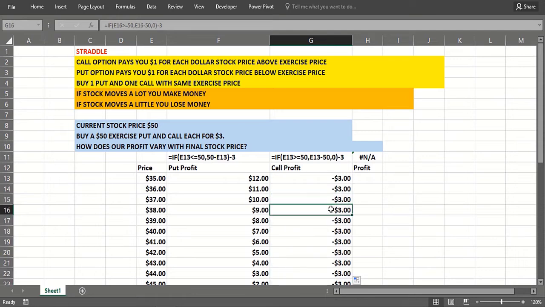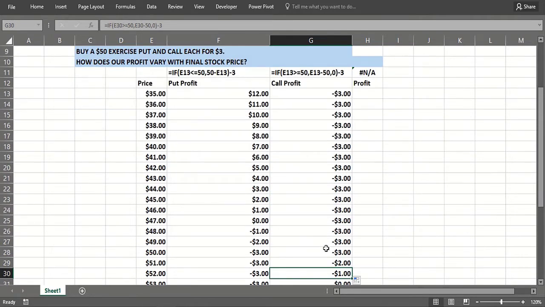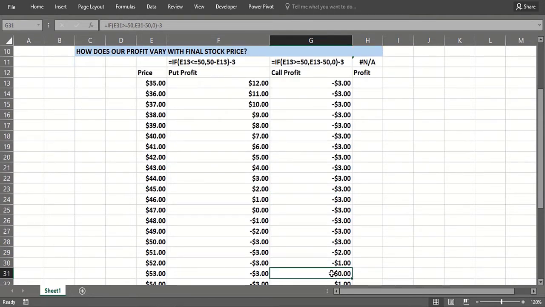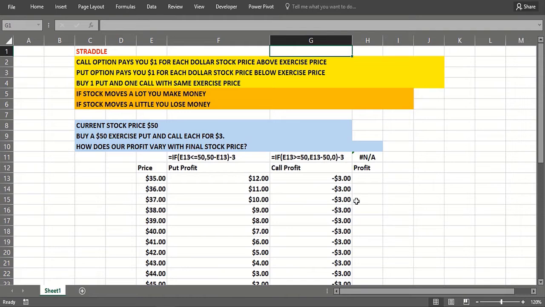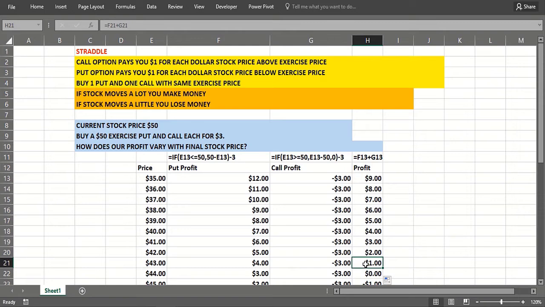And I'll lose $3 until the stock price goes above where it was. Now I lose $2, lose $1. I break even there. I make $1, 4 minus 3. And the profit is just going to be the sum of the put profit plus the call profit. That's $9. And what you can see, we can graph this in a minute.